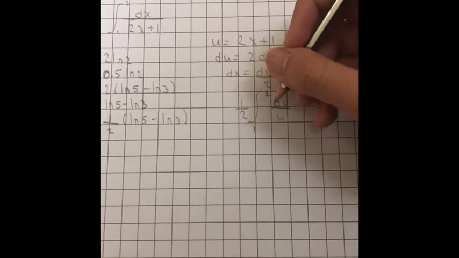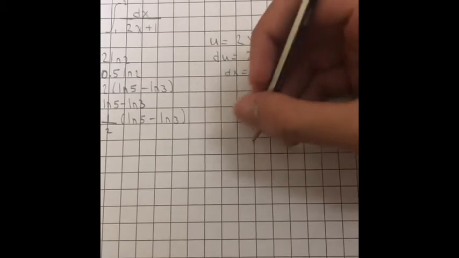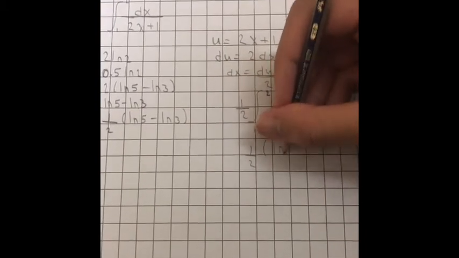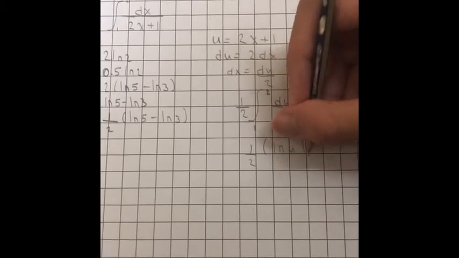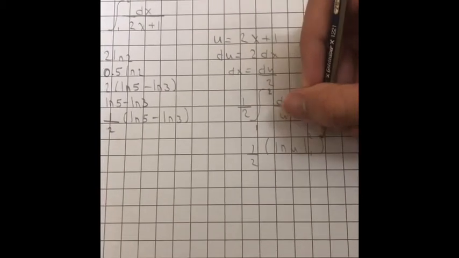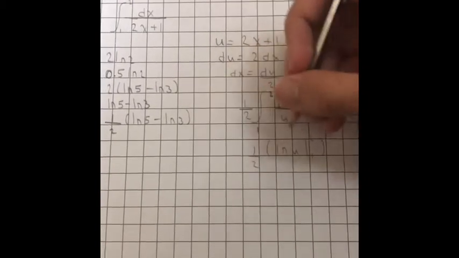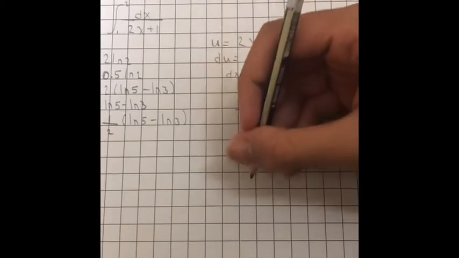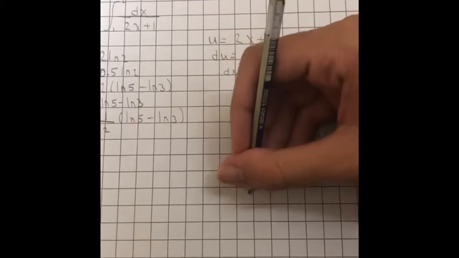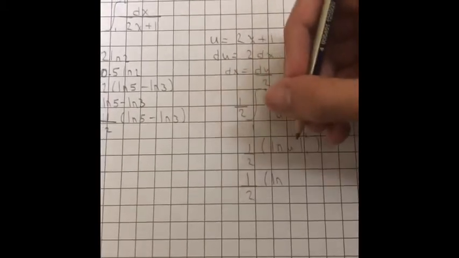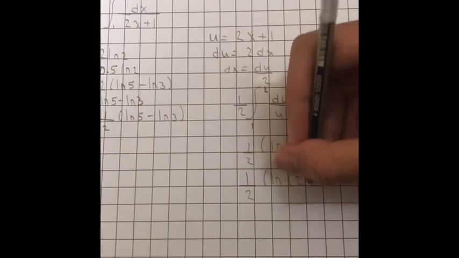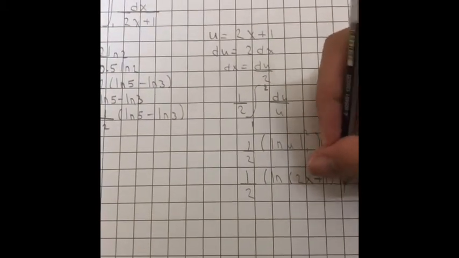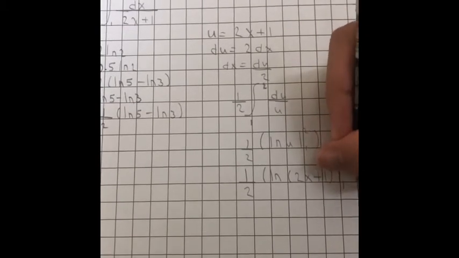Then the integral of du over u is ln u. u is 2x plus 1, so it will be 1 over 2 then ln of 2x plus 1 from 1 to 2.